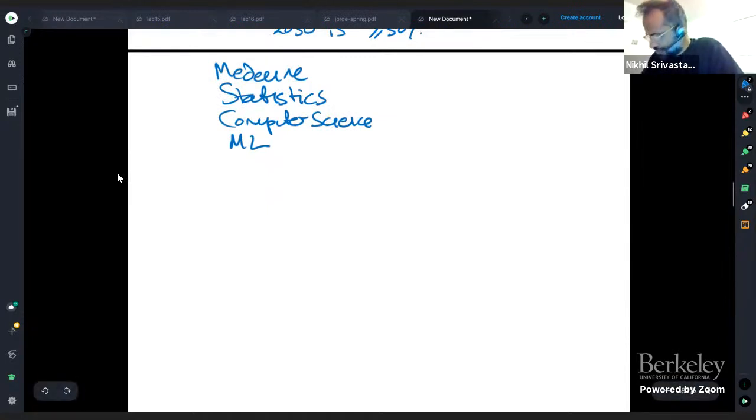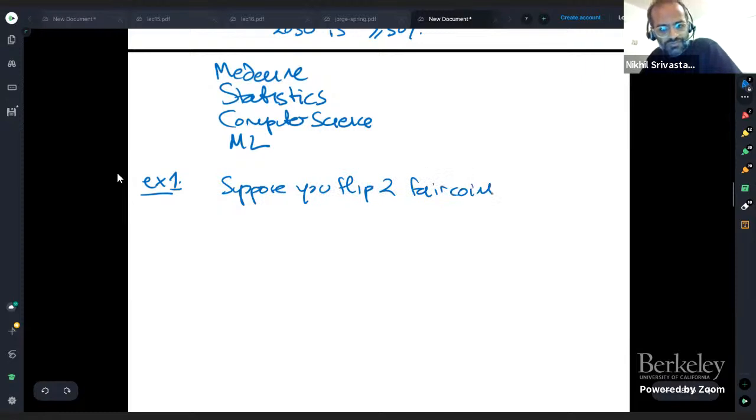So let's start off with a simple example. Example 1. Suppose you flip 2 fair coins. So that means they're equally likely to be heads or tails.